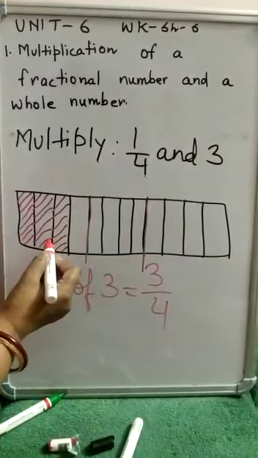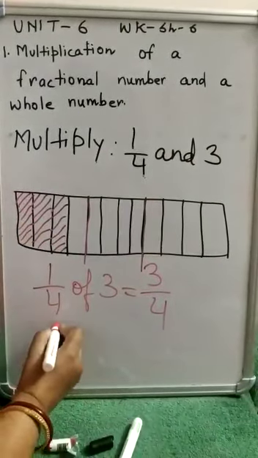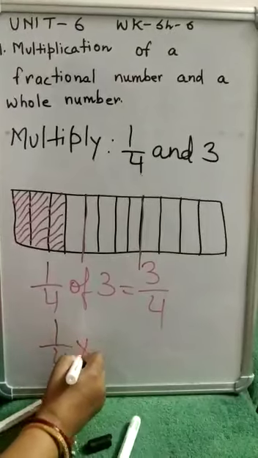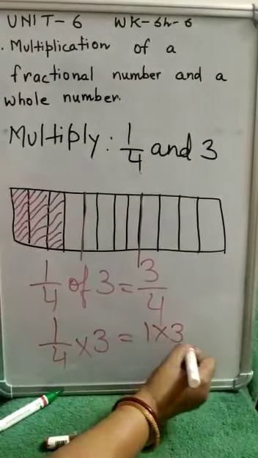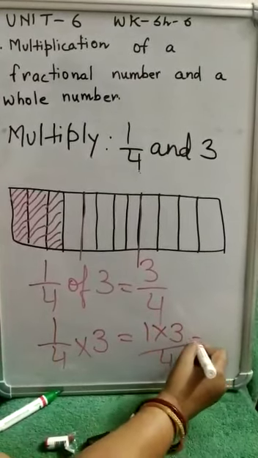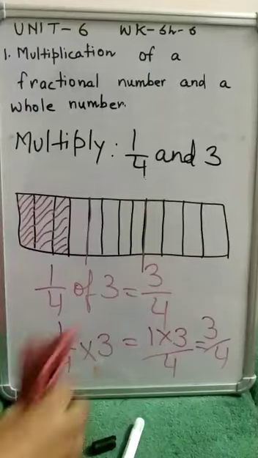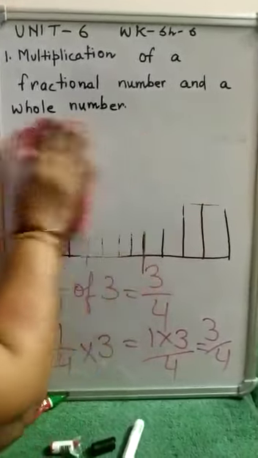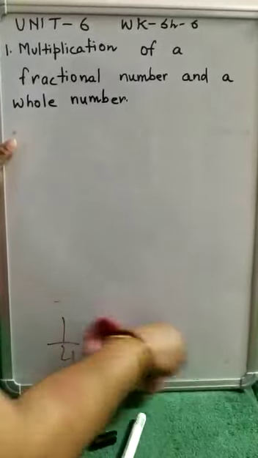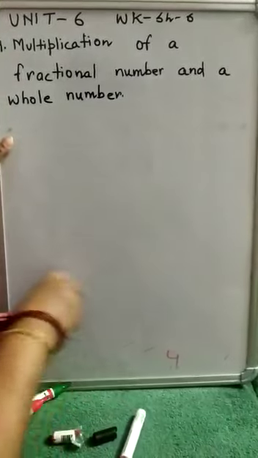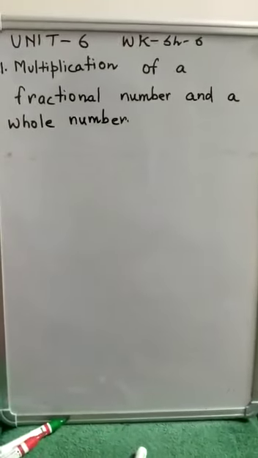So 1 by 4 into 3 is equal to 1 into 3 divided by 4, which is equal to 3 by 4. Correct? Now come to the worksheet. So here children, it will be easy to apply the quick method.